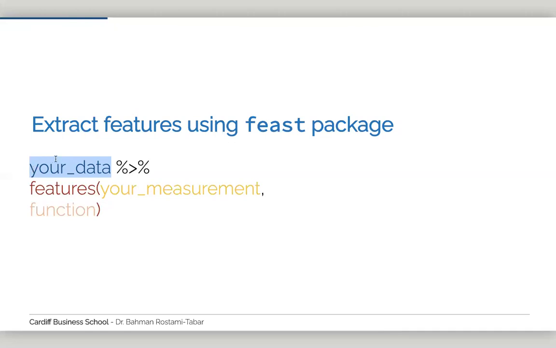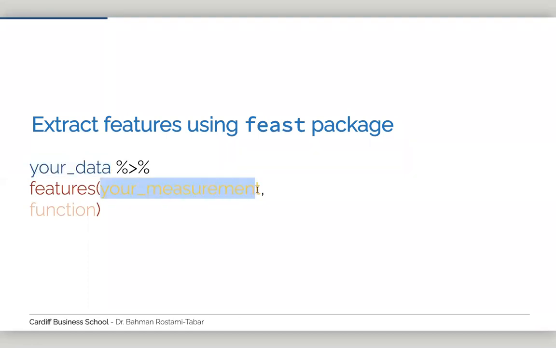So we take the data, then we have a pipe operator, and then this is the function we have to use to extract features of the time series. The name of the function is features. Then, following it, in the parentheses, you have to provide the name of the variable in your data that you want to calculate the features for, right?